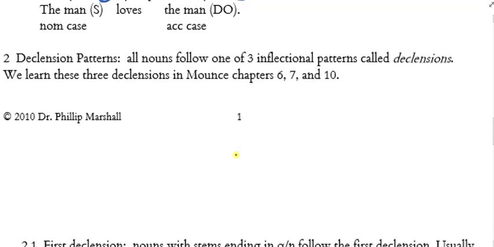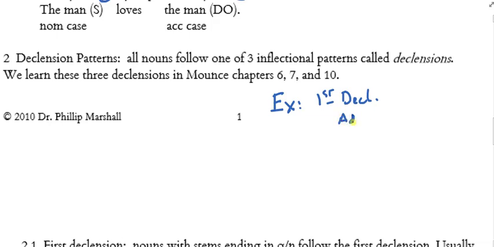Let's imagine that in English we had some declension patterns. This is just totally theoretical as an example in English, okay? Let's say we have first declension patterns of nouns in English. What might those be? Well, let's say that they're the most typical way to form plurals. What's the most common way to form plurals in English? You just add an S in terms of the actual spelling, right?